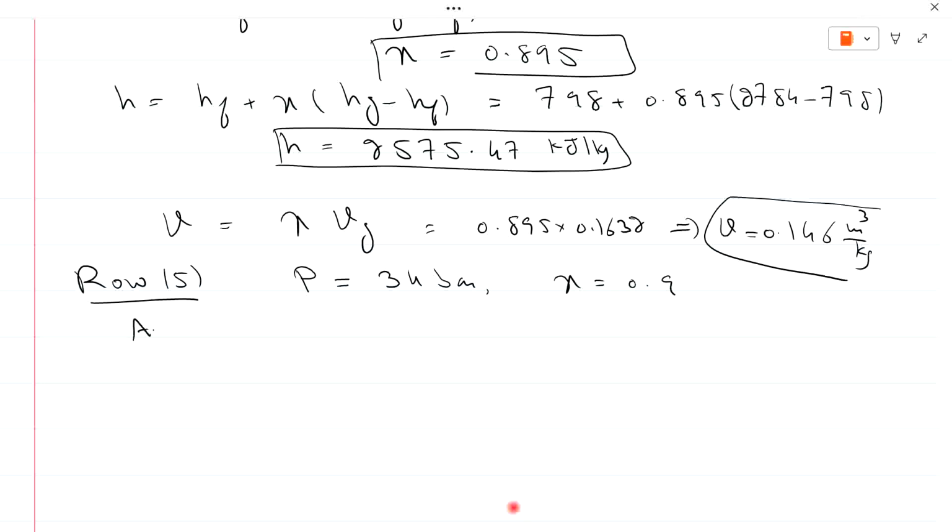As dryness fraction x is equal to 0.9, the properties are in the wet region.